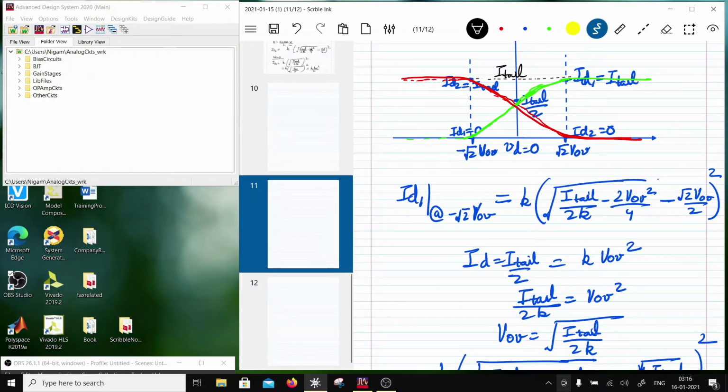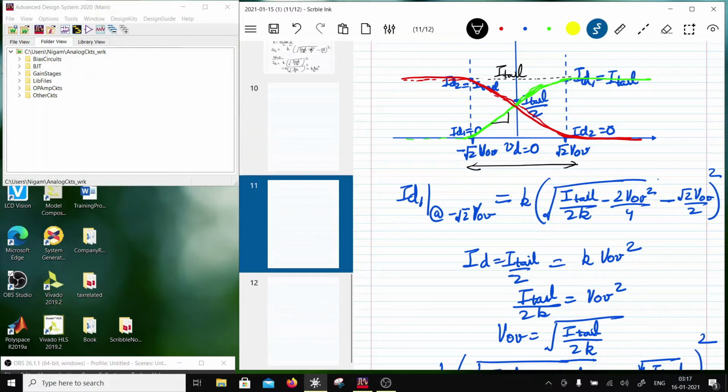Now the input voltage range where you see the gain is from minus root 2 times V overdrive to plus root 2 times V overdrive, correct? So if you increase the gain, then this range from minus root 2 times V overdrive to plus root 2 times V overdrive is going to shrink.